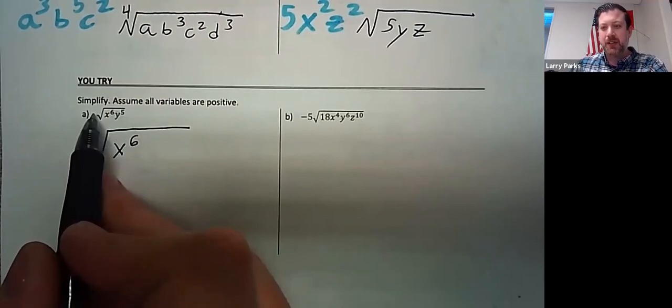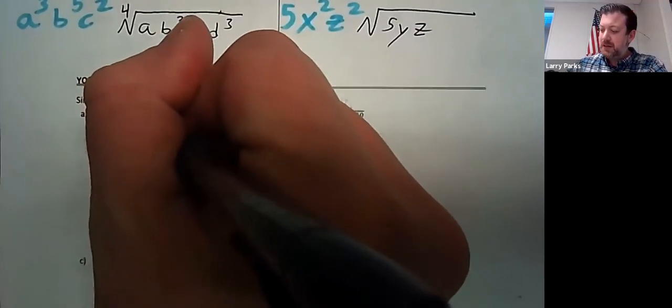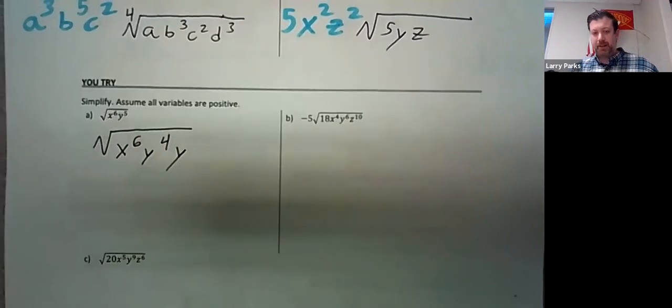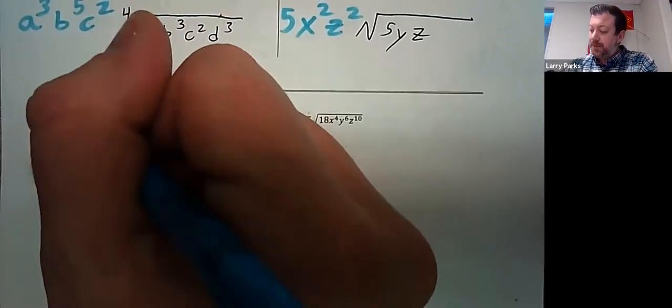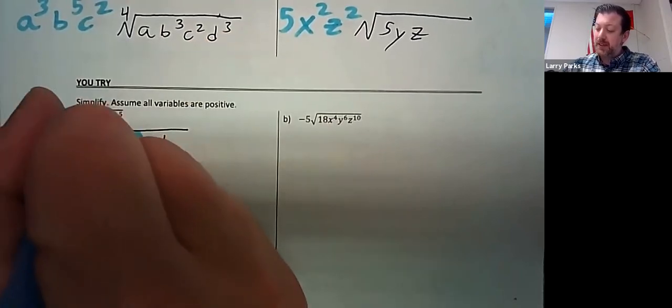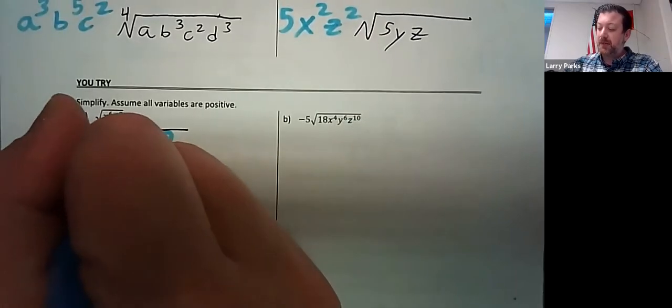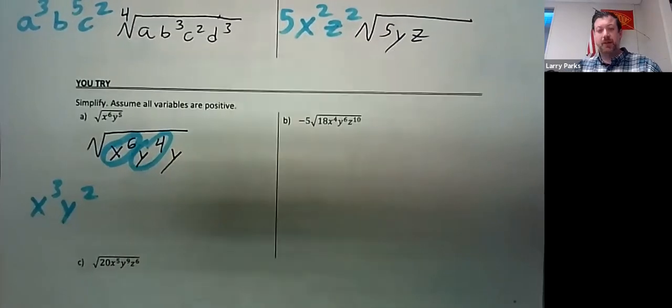Count by 2s, you get 2, 4. So we're going to break that into 4 and 1. This is divisible by 2, comes out. 6 divided by 2 is x to the 3rd. 4 divided by 2 is 2, comes out, y squared. The y stays inside.